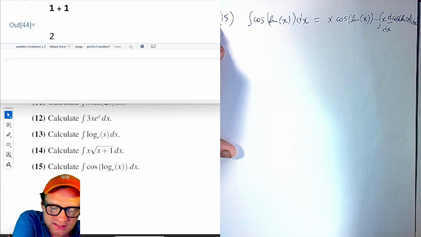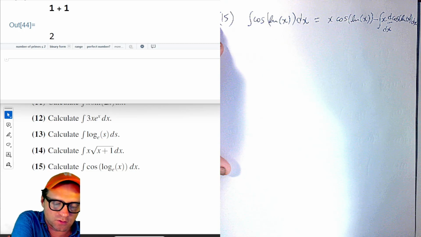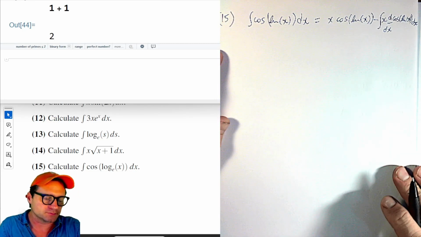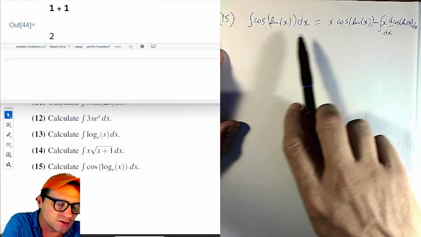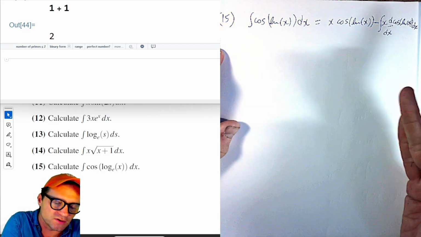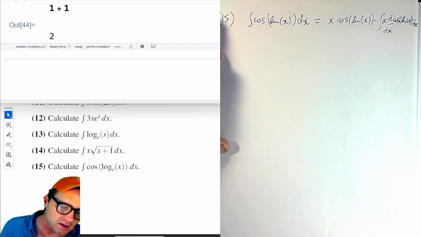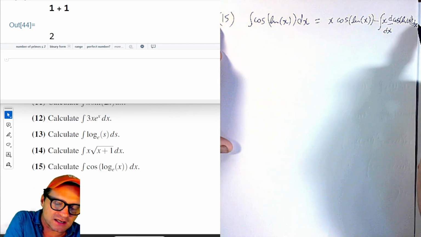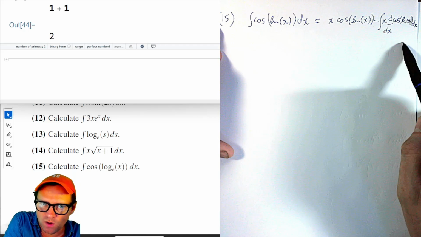And so this is just our integration by parts formula. Okay, so here's a u, here's a v. This is u times v, and then we swap those around in their position. Okay, but we can introduce a dx here and express it in this way.